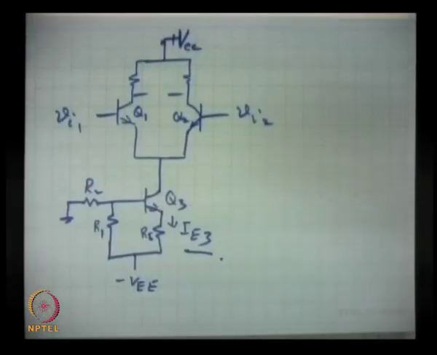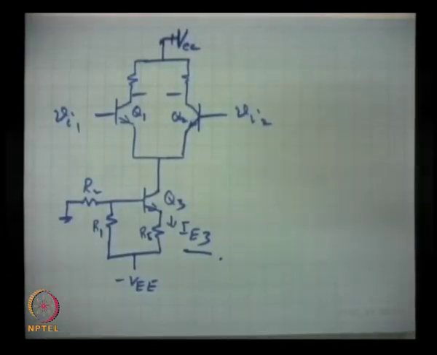So, this we have replaced by a transistor. The transistor collector, which is reverse bias, exhibits a much higher impedance as compared to simple RE.